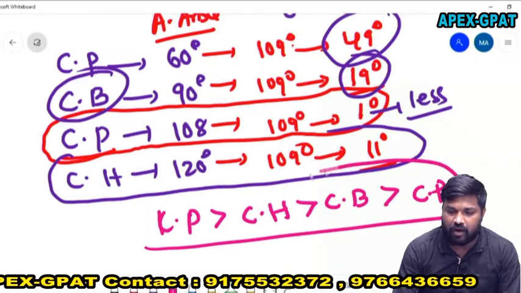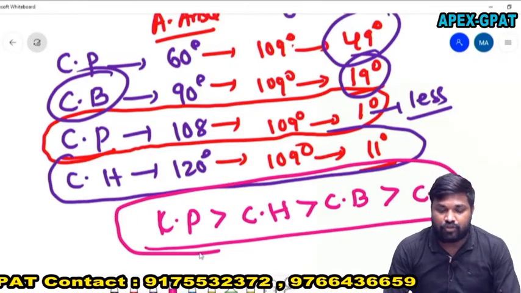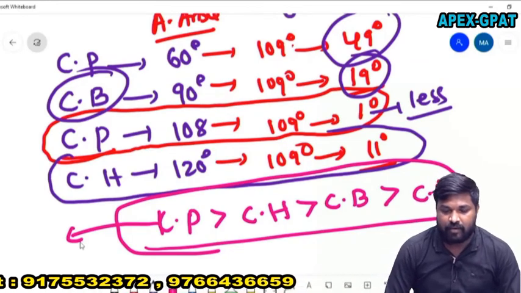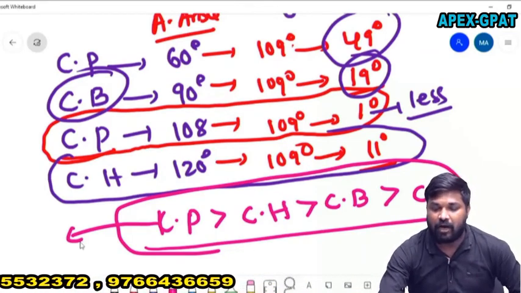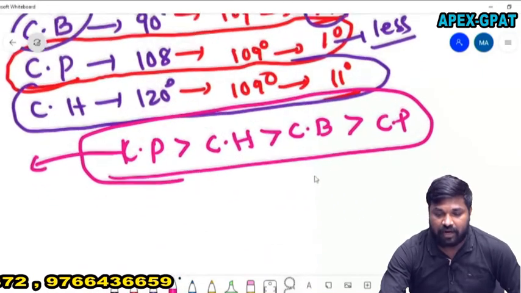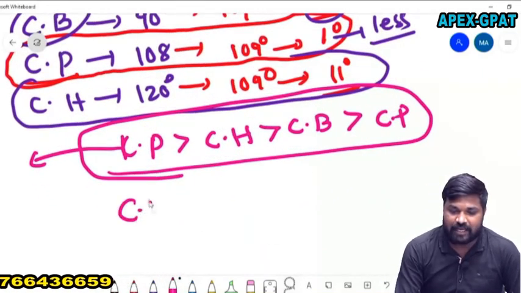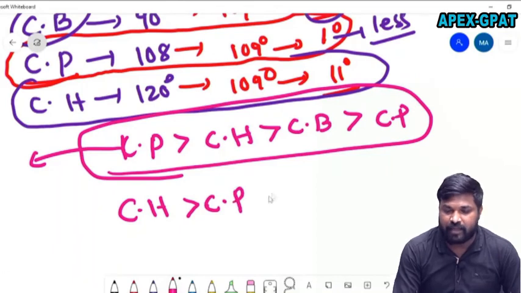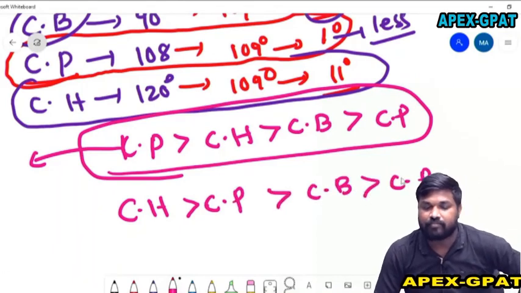Which one is the most stable? Exactly, cyclopentane. But this is the wrong order. The actual order is cyclohexane is more stable than cyclopentane, then cyclobutane, then cyclopropane.